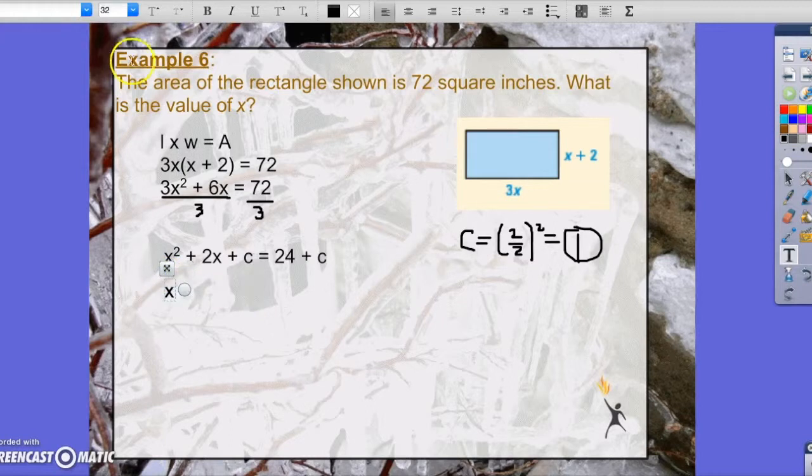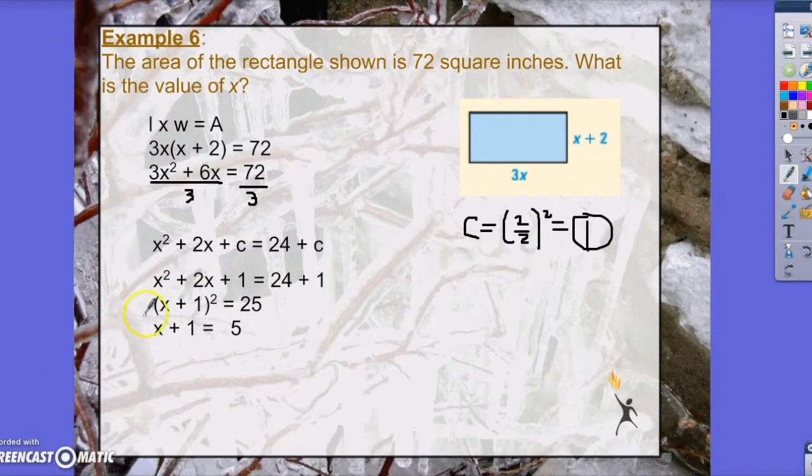Where I see c for both of them, place a 1. I factor my perfect square trinomial that I forced into with the c. And I take the square root of both sides. So I square root, that's plus minus, don't forget that.